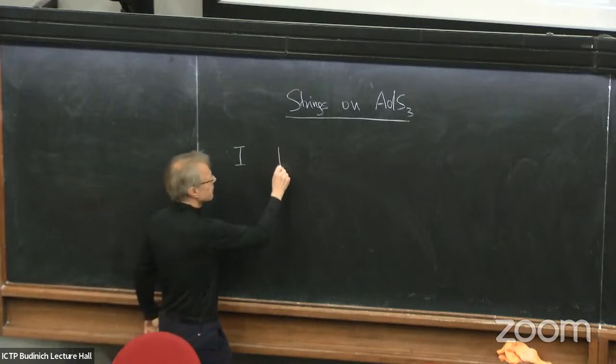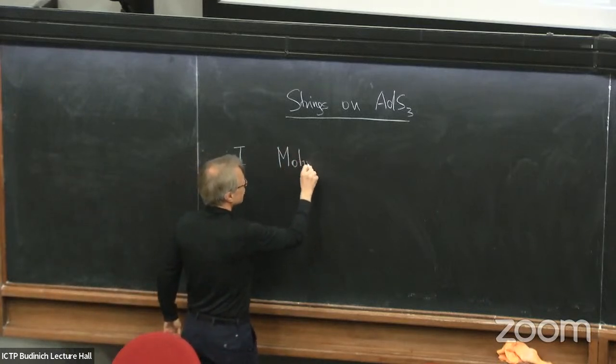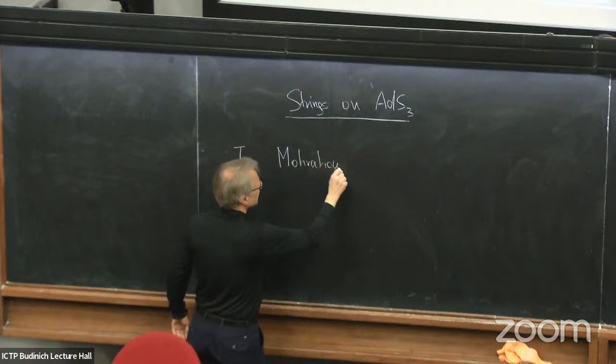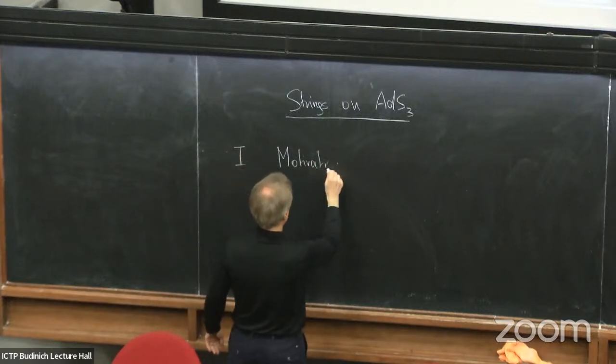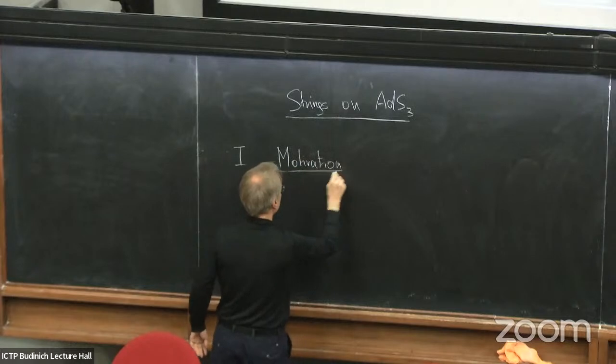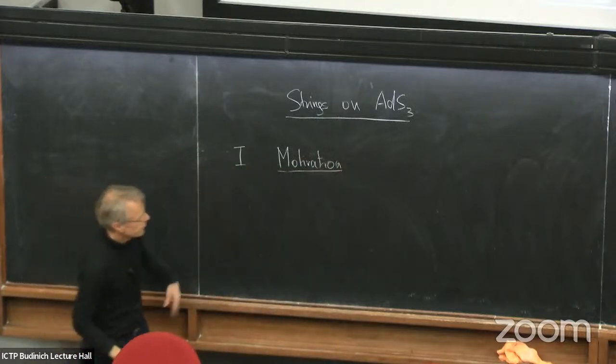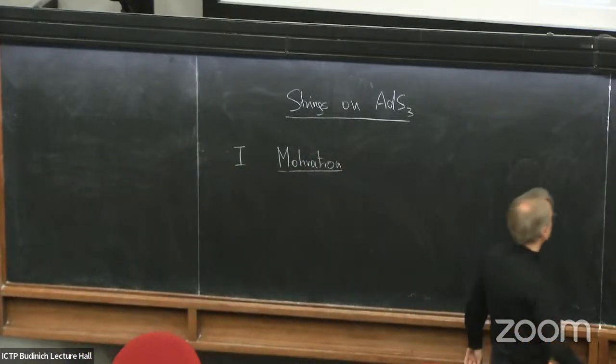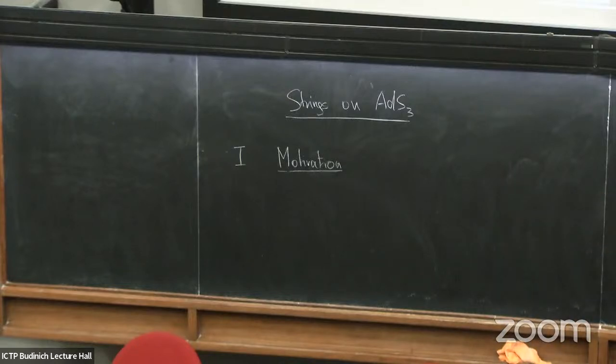Anyway, I want to start by explaining the motivation, and then I'll finish with the plan of the lectures once I've explained what this is all about. So the basic question is, we all know about the AdS/CFT duality.